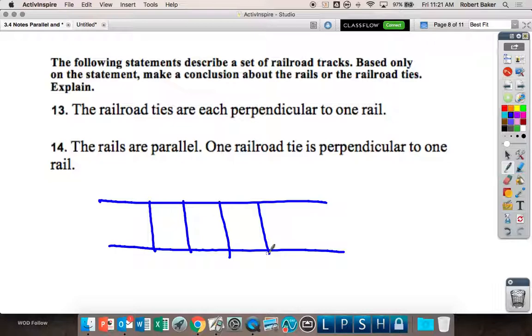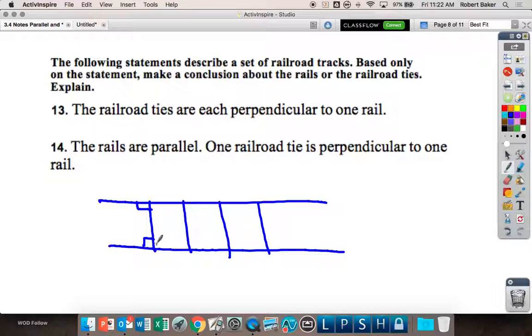Okay? So, based only on this information, the railroad ties are each perpendicular to one rail. So that says, I know this. What conclusion can you make about the rails and the railroad ties?